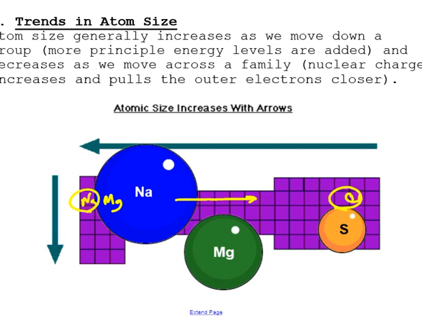Sodium, when I have a sodium atom, has 3 rings of electrons, it's in the third period. Chlorine also, when I draw a chlorine, has 3 rings of electrons, if we're thinking about a good Bohr diagram. The difference between sodium and chlorine is what is holding those electrons around as they spin around the nucleus.